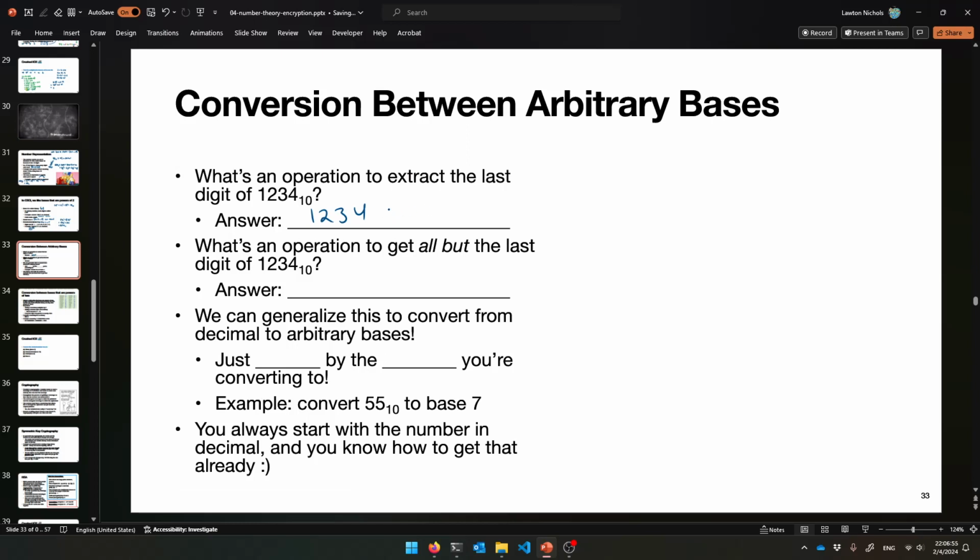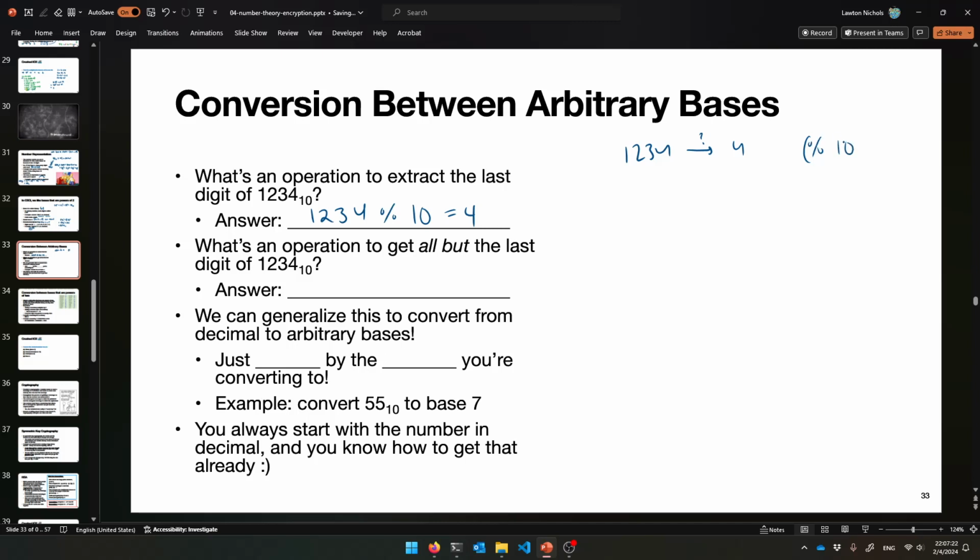Well, if you think about it long enough, if you do mod 10 on this number, it goes in 123 times with 4 left over. That's how you get the 4. And so now you know how to get the rightmost digit of any number. If only I could just get rid of that 4. Like here's the idea, with 1,234, we figured out the process to get the 4. What was it? It was mod 10.